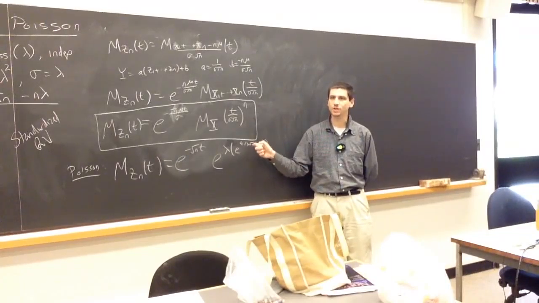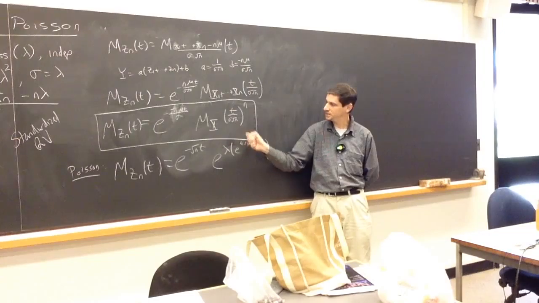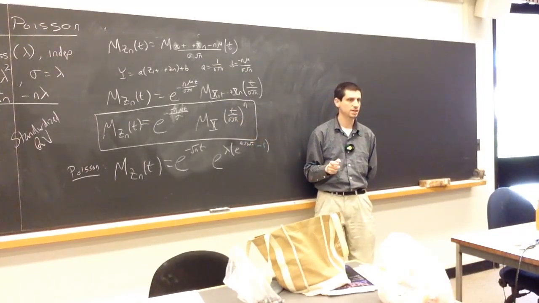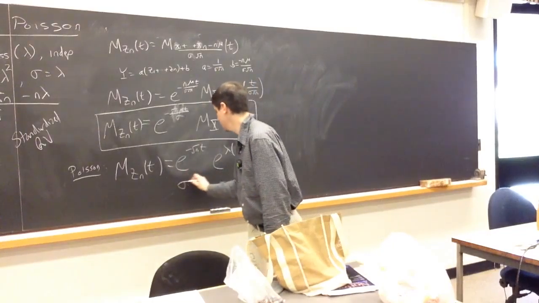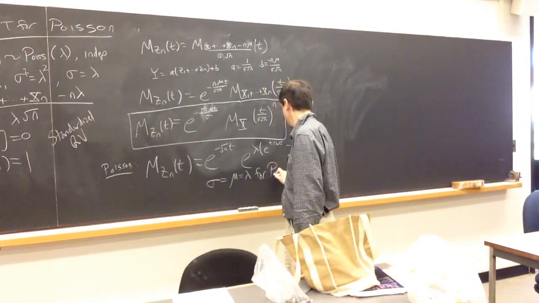The reason is we're evaluating the moment generating function of the Poisson not at t, but at t divided by sigma square root of n, and sigma equals lambda. So sigma equals mu equals lambda for the Poisson.